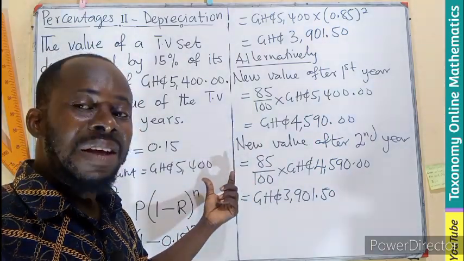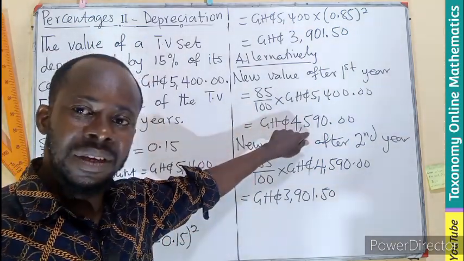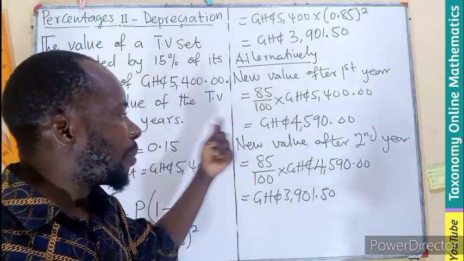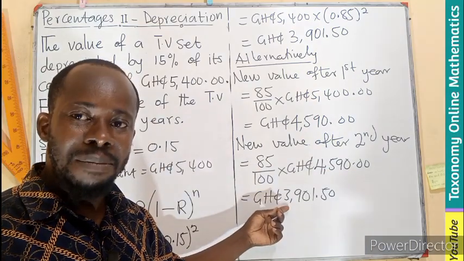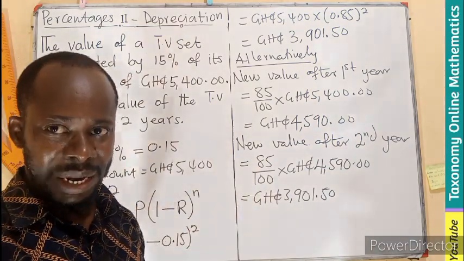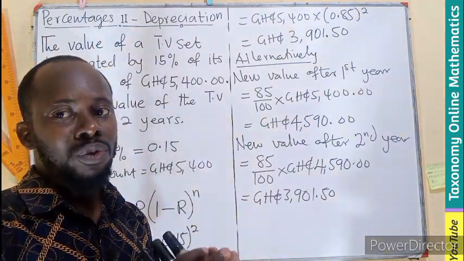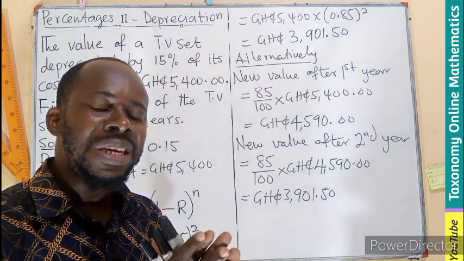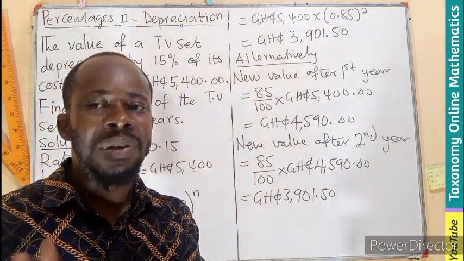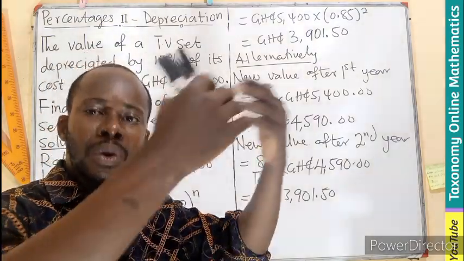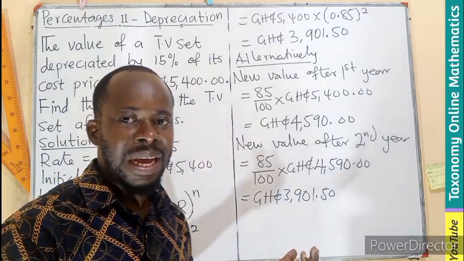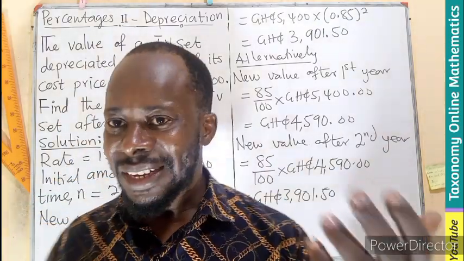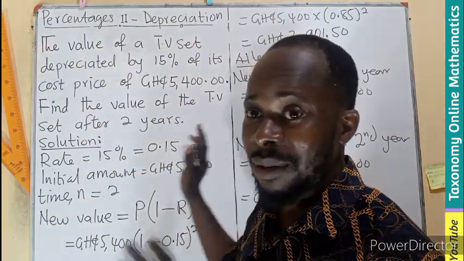So you find 15% of this. Whatever value you have, you subtract it from this, and that will come back to this. So any way you pass, all you need to know is to understand that depreciation is always expressed as a percentage of the cost price of the item. And I guess this well explained depreciation in terms of this simple question.